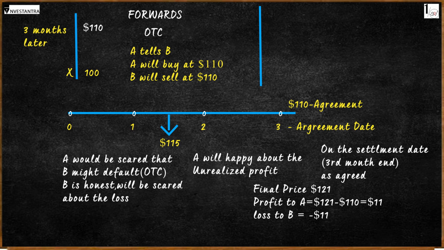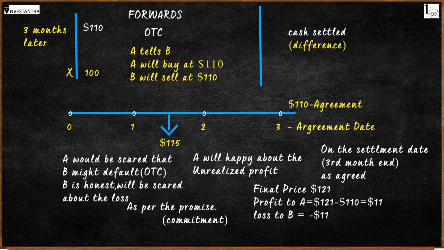Loss to B is minus $11, right? Because B will have to go and buy it at a higher price from the market and then sell it to A at 110, right? Because that was the promise. I just call it promise. In technical terms, this is a commit.